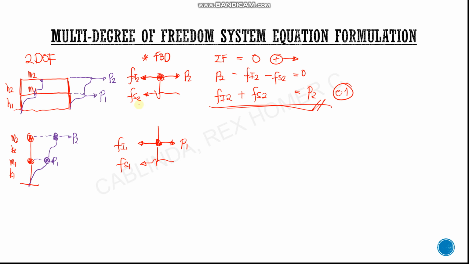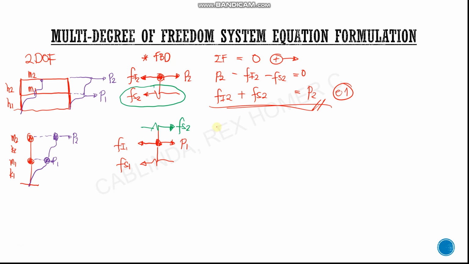Now, what will happen to Fs2? If you remember in your mechanics, when there is this transfer, the force will be the same in magnitude, but the direction will become opposite. So our Fs2 goes to the right in this FBD.